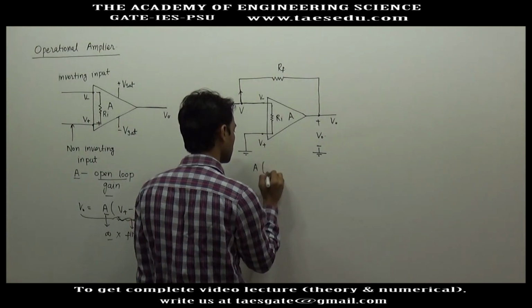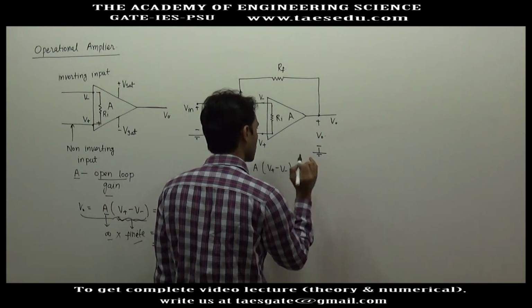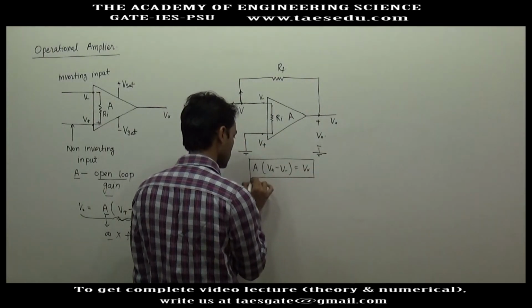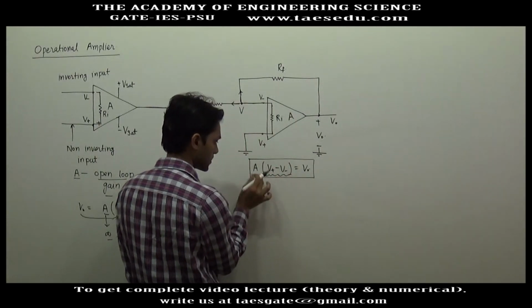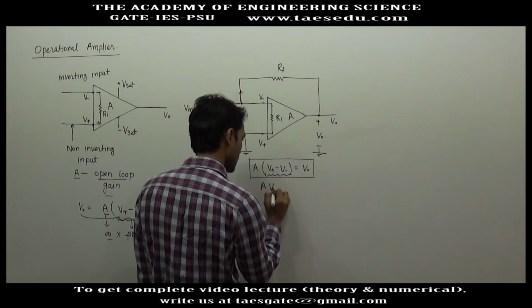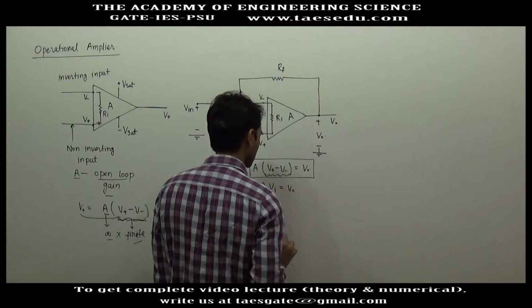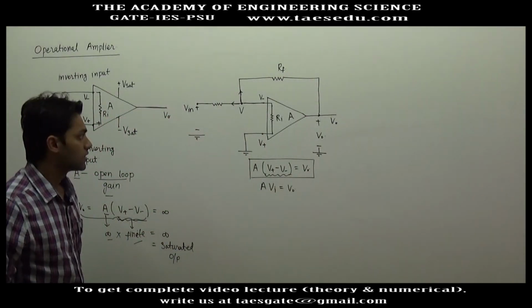For an op-amp, what do we write? Gain into (V plus minus V minus) is equal to output voltage. We write this formula. So what will be the input for the op-amp? This is the input, this is the gain. So we will write A into Vi is equal to V0. There are two inputs in this system.